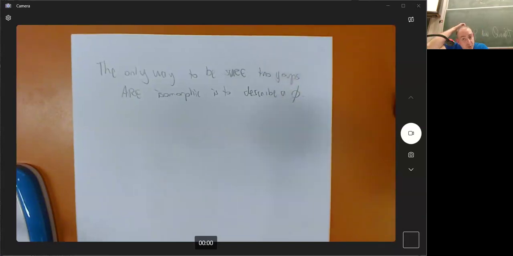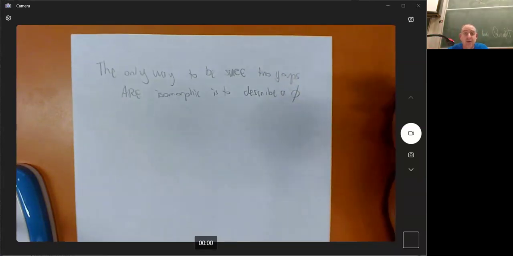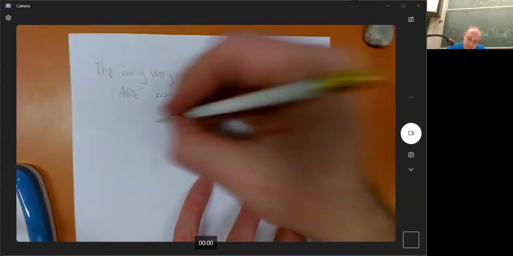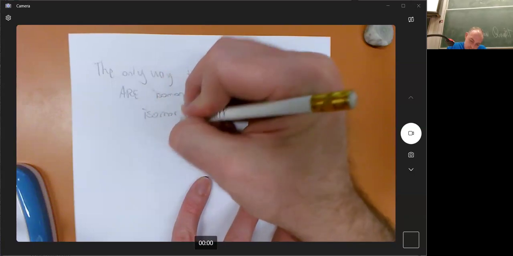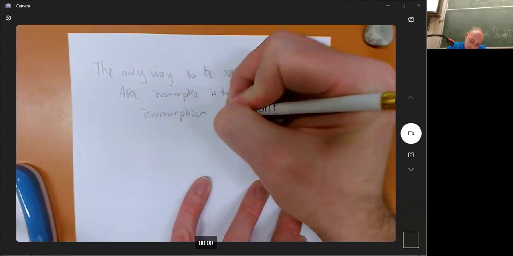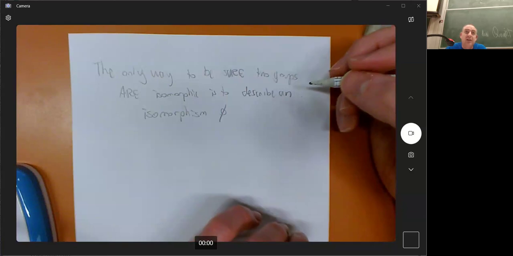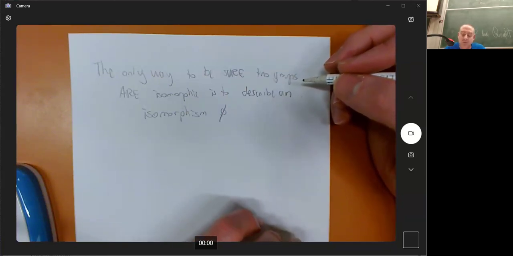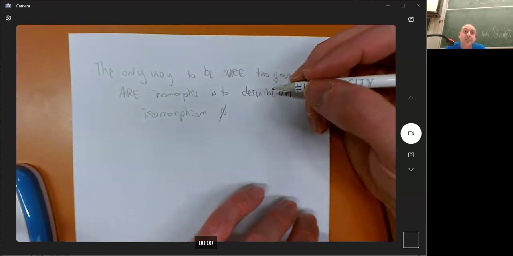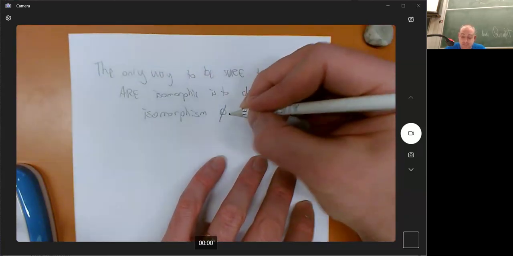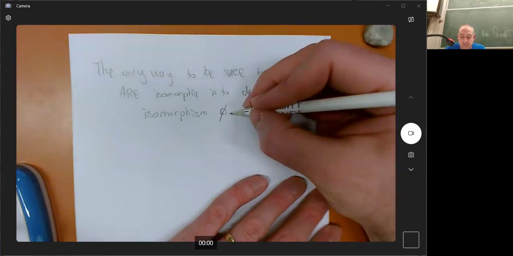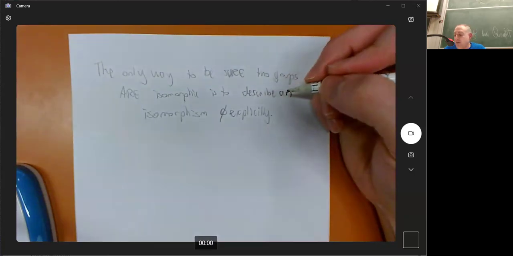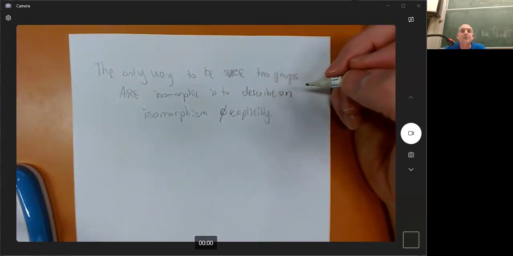The only way to be sure two groups are isomorphic is to describe a phi, like an isomorphism. Explicitly, you have to say explicitly how to get from what the output is, basically. There are some other theorems, I'm sure, but that's about it.